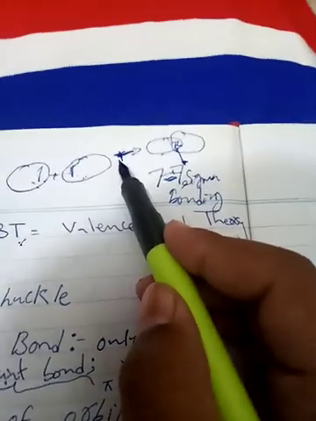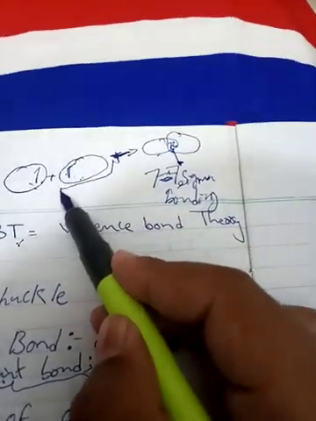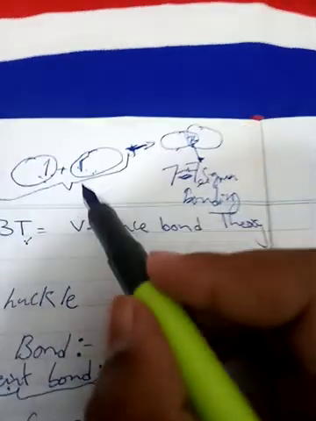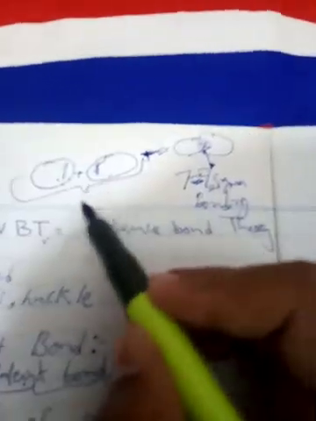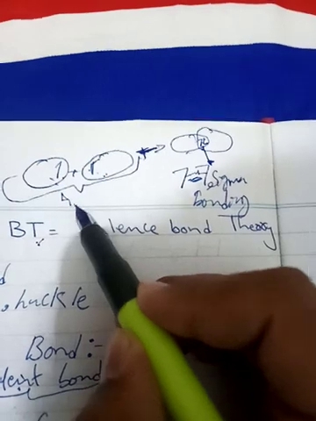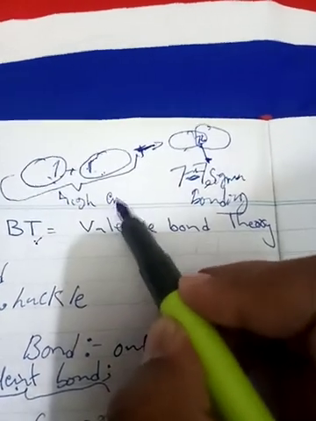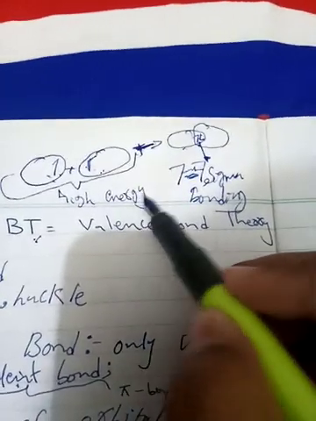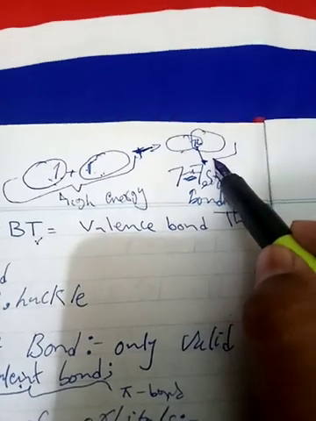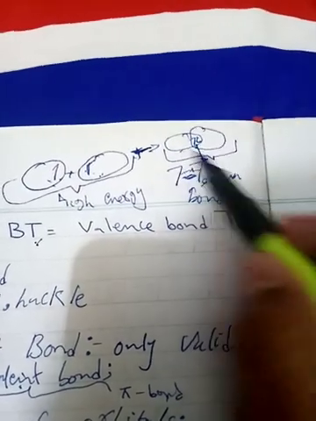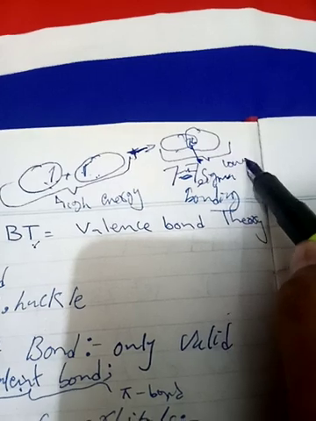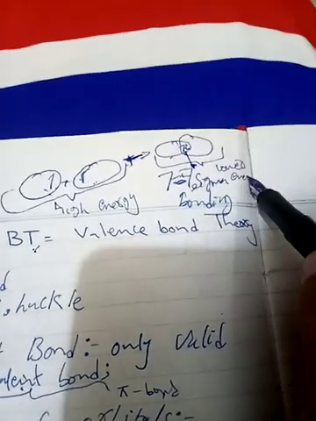If you look here, there was high energy as compared to when it converted into a molecule, because the molecule has lower energy. Why is there lower energy?